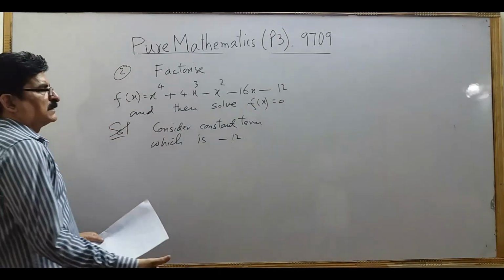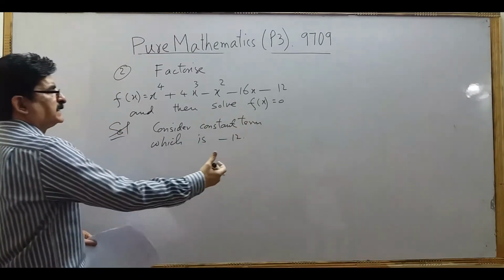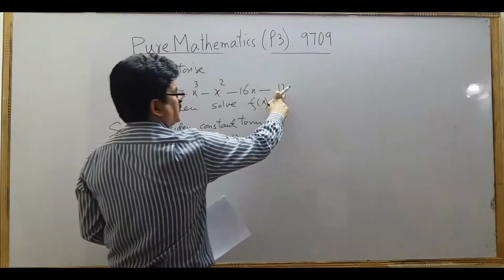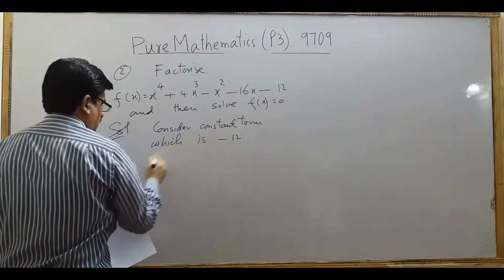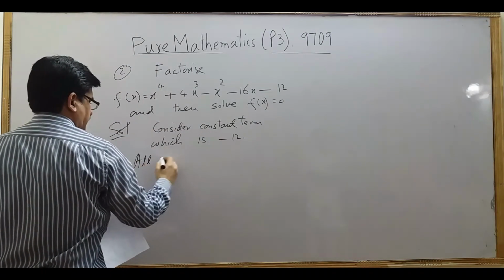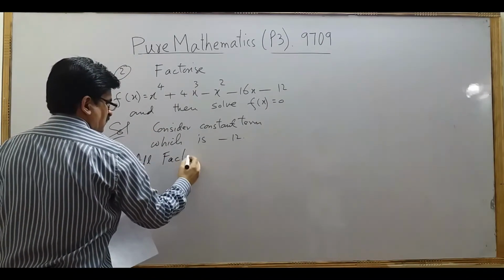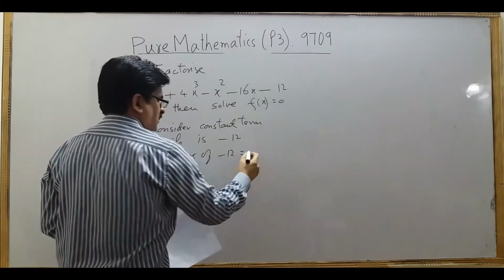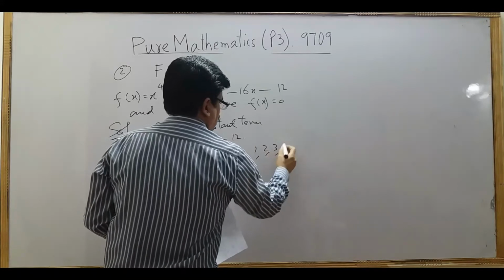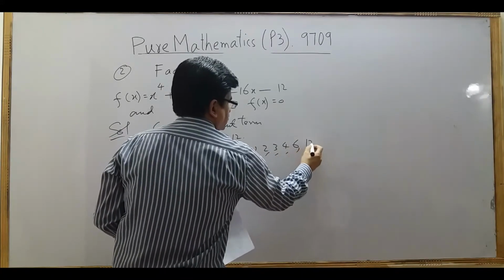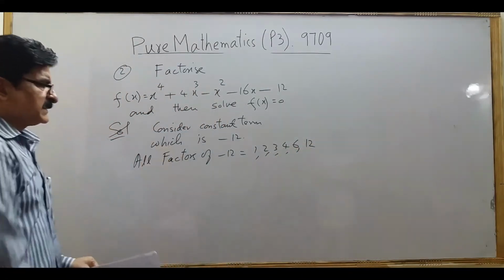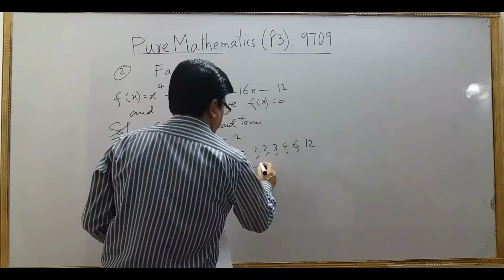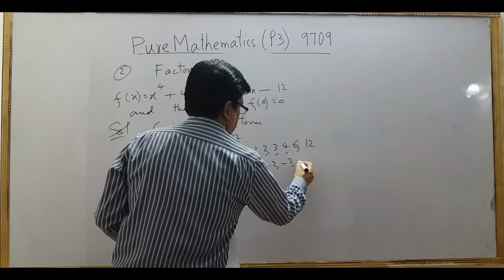I am repeating, as in the first example we did it. We considered the constant. Constant means without x, it is minus 12. Now write all factors of minus 12: 1, 2, 3, 4, 6 and 12. These are the positive factors of 12, but we have to consider negative factors as well.